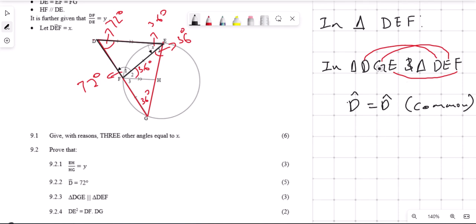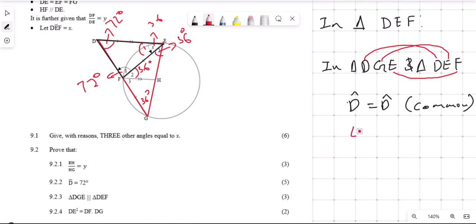Now we move to G. G goes with which one? E. You see G and E, they are connecting. Can I call this one E1? Yes, I'll call this one E1.